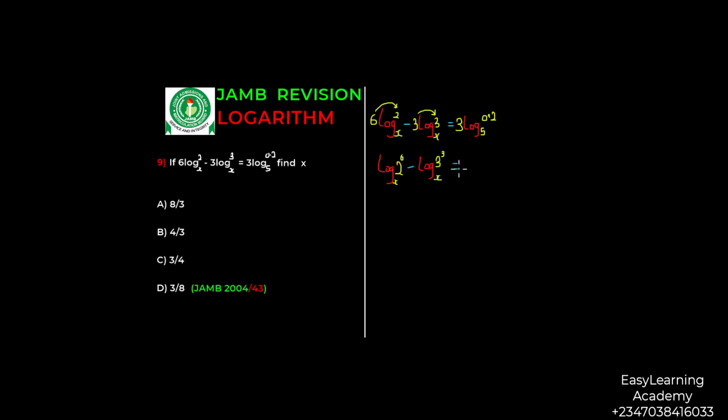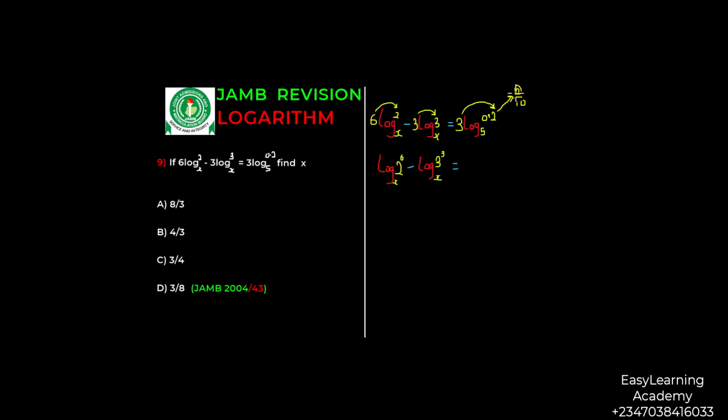The same thing is going to apply here. You understand? This 3 that was behind is still going to come over here, and it will become the power of this. But now this 0.2, we need to work on this 0.2, so we don't have it as a decimal. 0.2 is the same thing as saying 2 all over 10, because if we divide 2 by 10 by moving the decimal point one place back, it's going to give us 0.2.